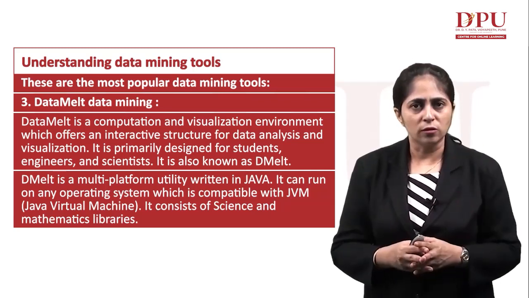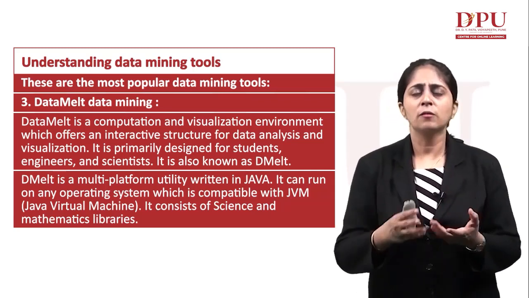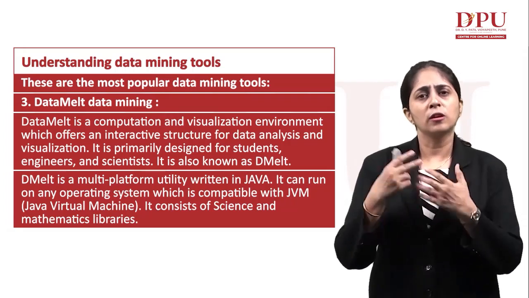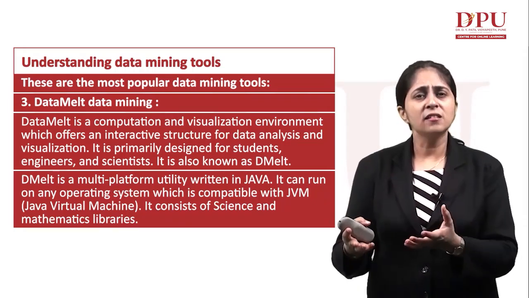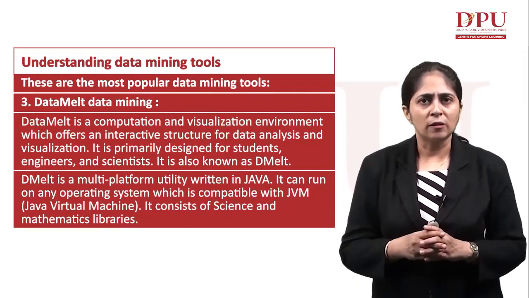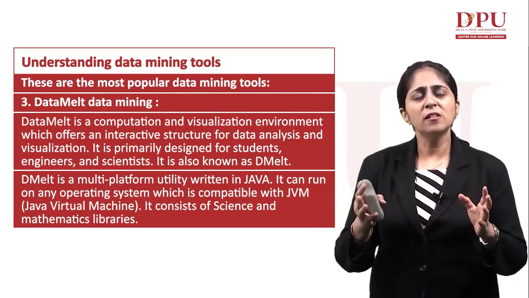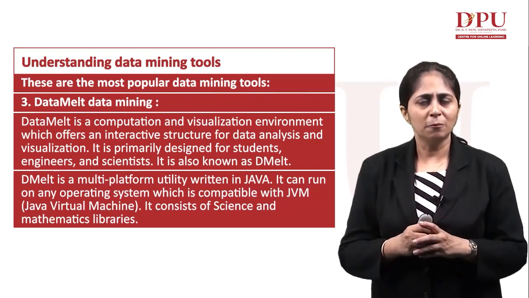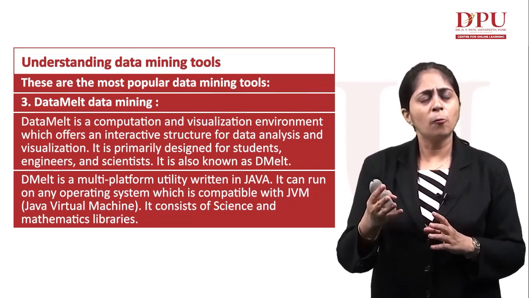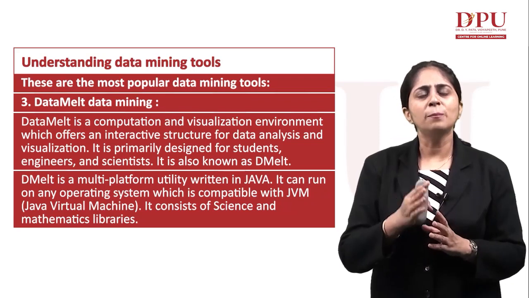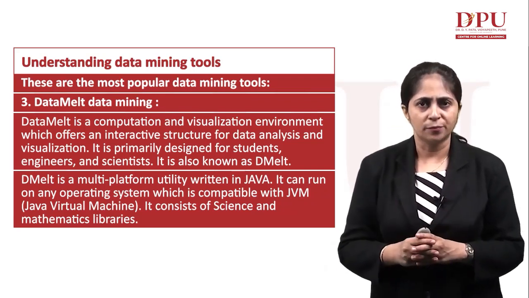Whether you're using Windows, Unix, or Linux, whatever platform you're using, DMelt can run on it because it is independent of that platform. It can run on any operating system which is compatible with the Java virtual machine.